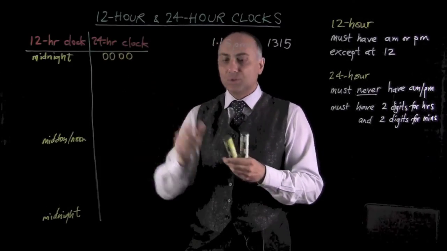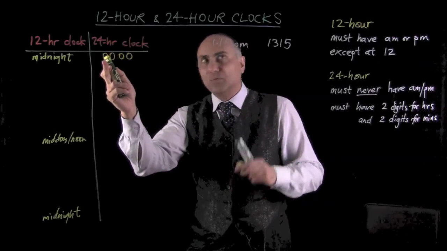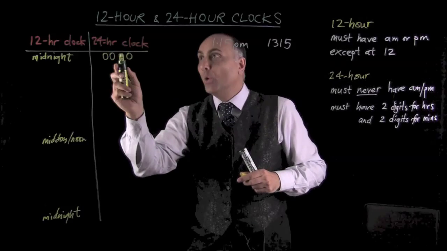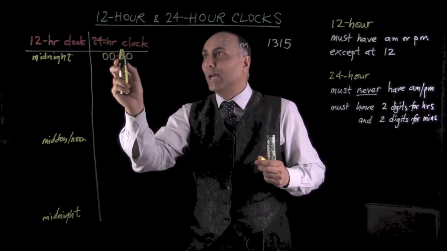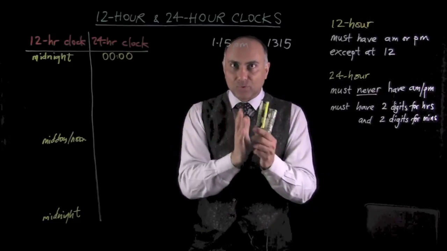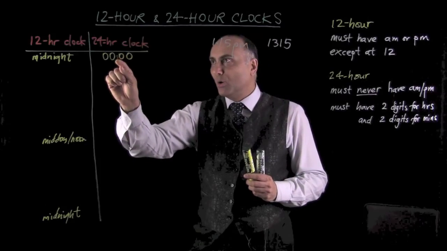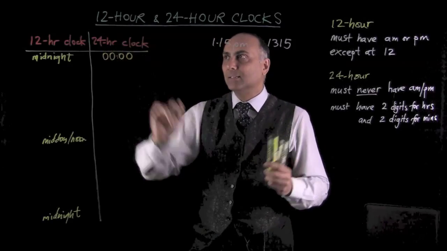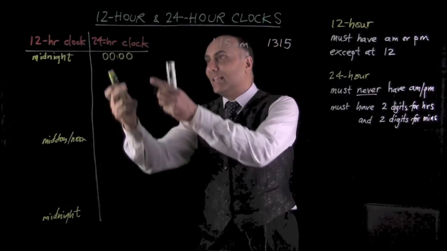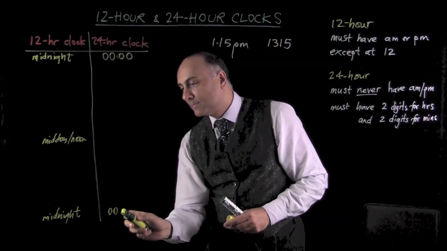Also, with the 24-hour format, you can just write the 4 digits one after the other as I did here, or you can leave a little gap, or you can put a dot, or you can put a colon. It's optional. I tend to just write the 4 digits, but it may be easier for you if you put a colon to separate the hours from the minutes. It doesn't matter. So that's 0000, and then the day will also end at 0000.